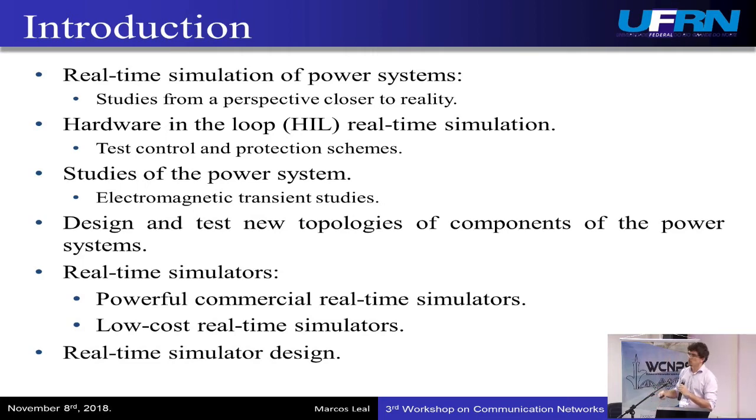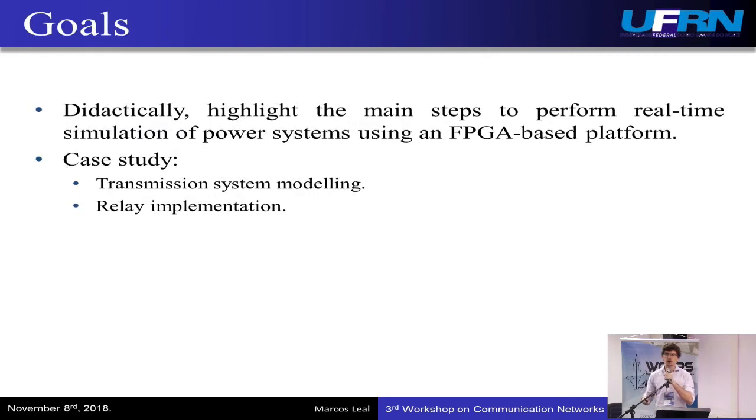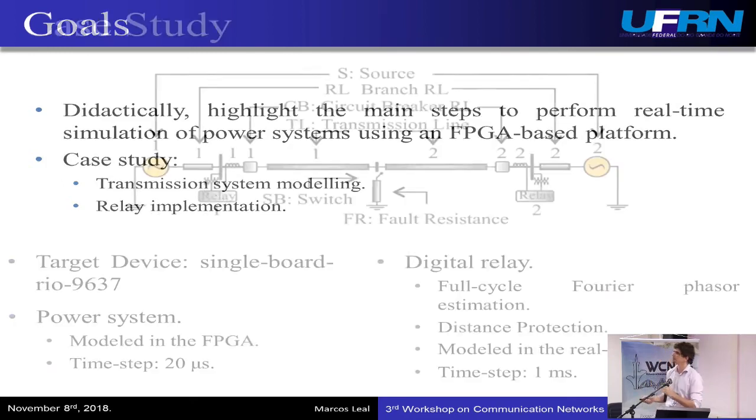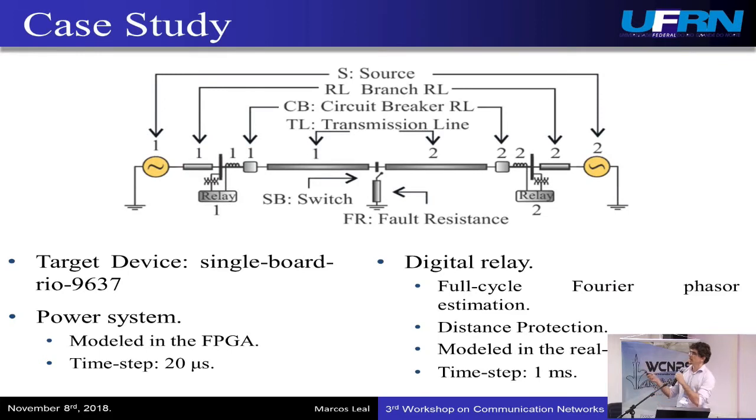So the motivation of this work is to didactically highlight the many steps to perform real-time simulations of power systems, and also to implement a relay and place this relay in a closed loop with a real-time simulation. The case study used was this system.